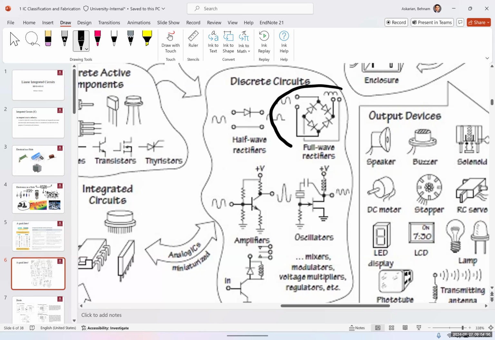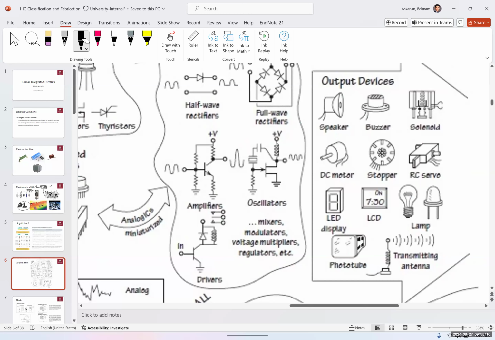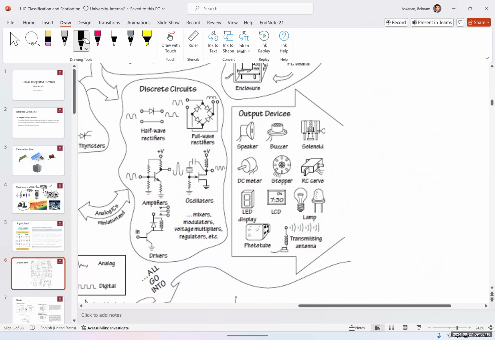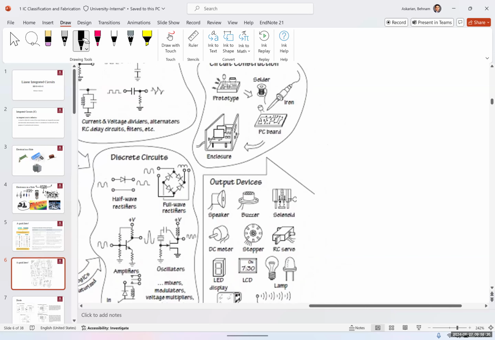Do you remember this from electronics? This is a full wave rectifier, or what we call a bridge rectifier. The rectifier's function is to convert AC signal to DC, generate DC signals. And then we have the output devices, which could be a speaker, a display, a DC motor, step motor, lamp, a server, anything.